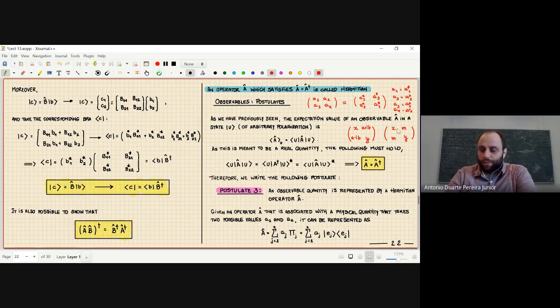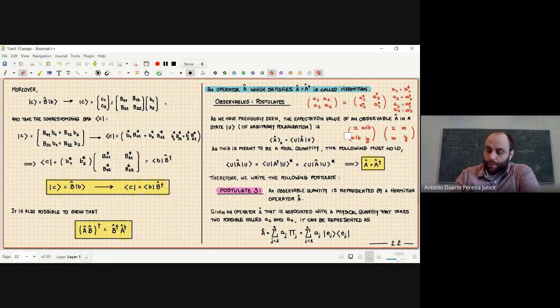Yes, it is Hermitian because you see the diagonal is made of real numbers, that's good, and the off-diagonal terms must be complex conjugate. But this is a real number, so the complex conjugate of a real number is just the same number. So the complex conjugate of M, if M is real, is just M. So this is a Hermitian matrix, and you see that every time that you have a real matrix that is symmetric, namely if I mirror the elements from here to this side and I get the same numbers, then this matrix will be Hermitian, okay?